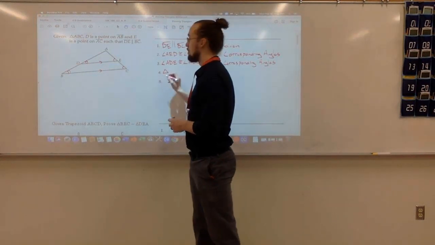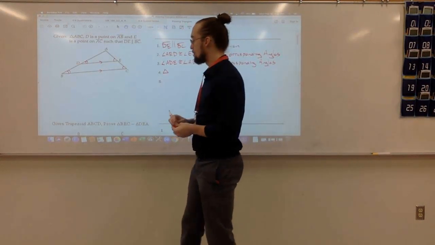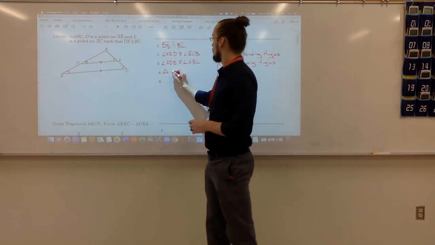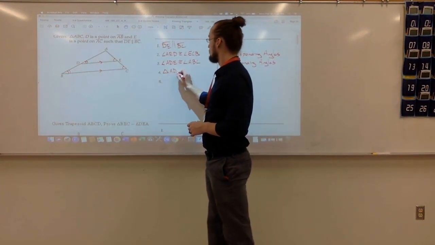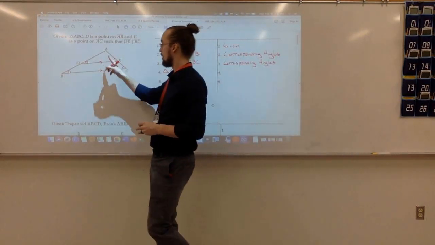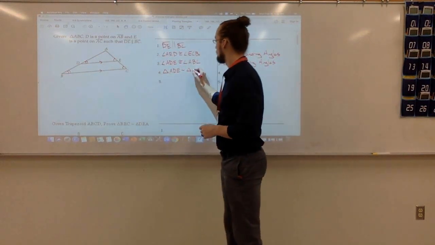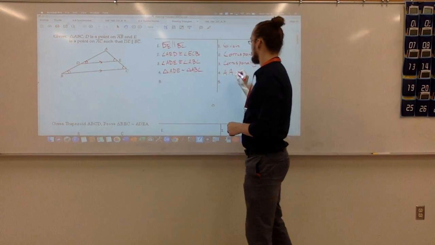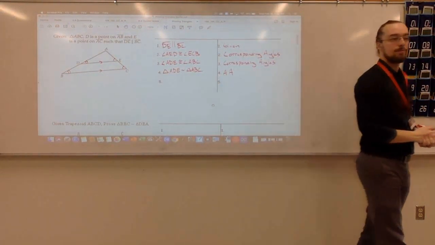So we need to make sure we're writing a correct similarity statement. We could say triangle ADE is similar to triangle ABC. Our reasoning would just be angle-angle.